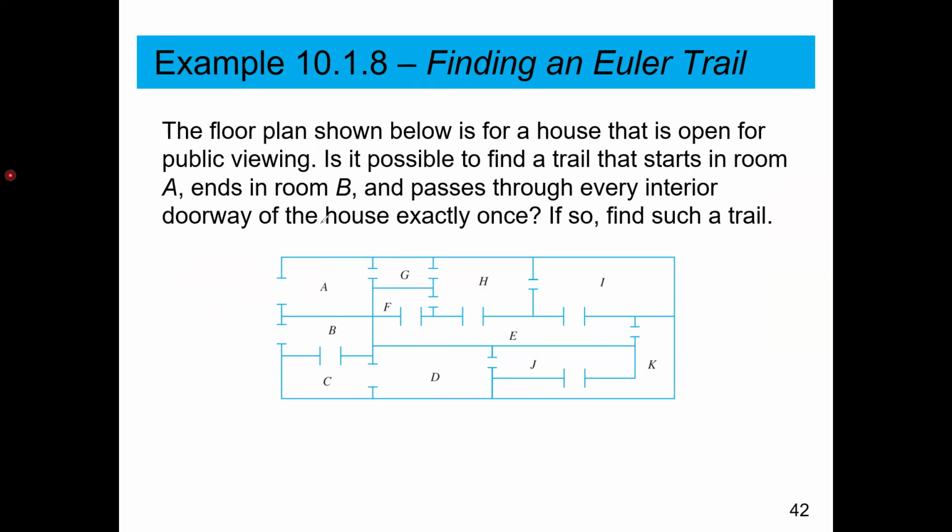Well, the way we do it is literally we change this into a graph. So instead of looking at it like this, we make each of these vertices. So next time you have a puzzle like this where you're trying to do a maze, you can literally make each open corridor a vertex. And we're going to ignore the exterior doors.